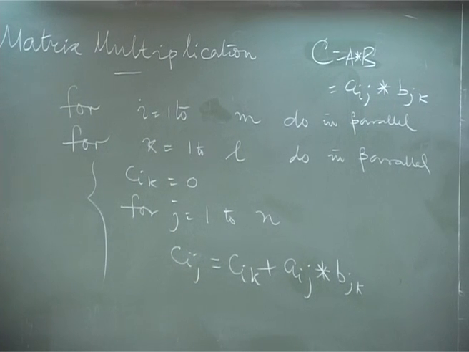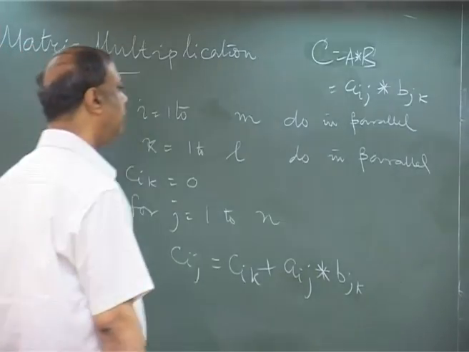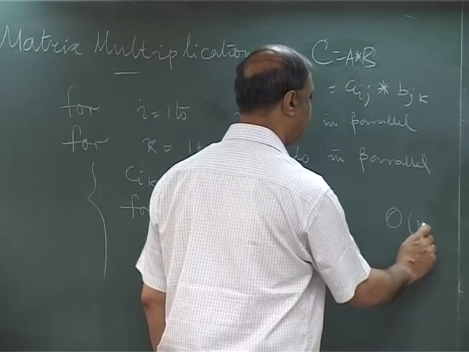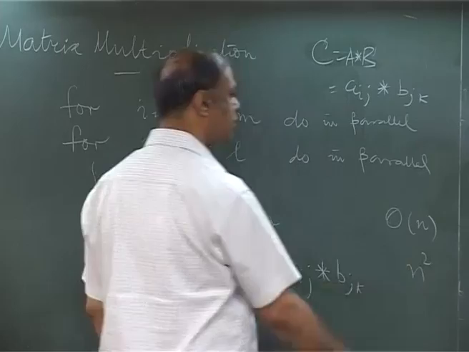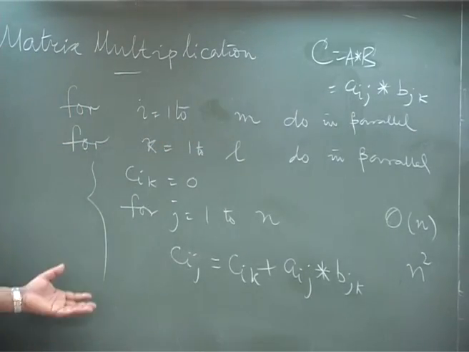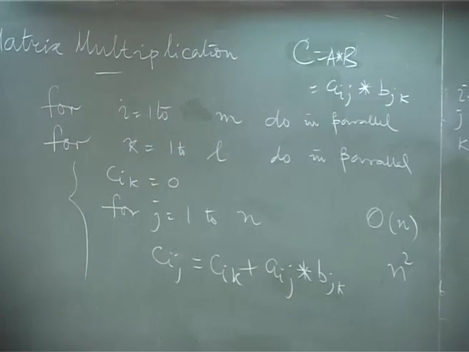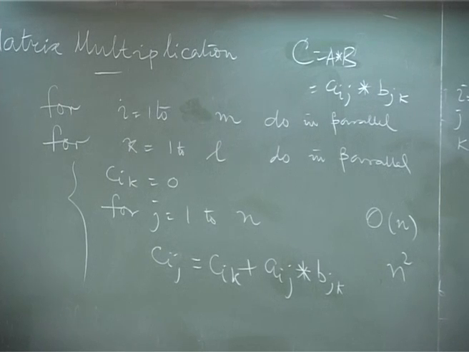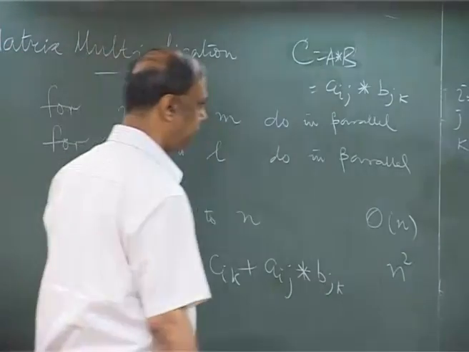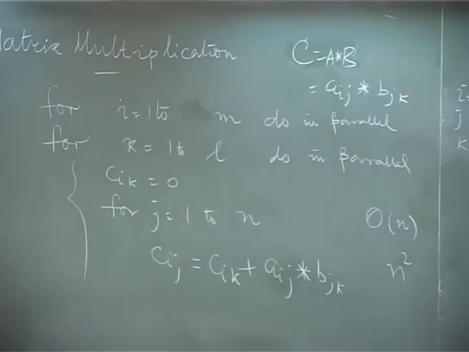So you have order n time complexity using n square processors for this matrix multiplication problem. So cost becomes order n cube, and the classical algorithm also had order n cube. This n square is with the assumption that m and l are also order n.